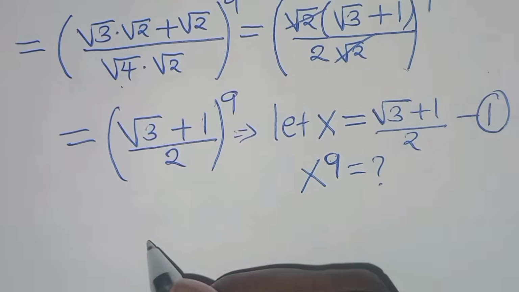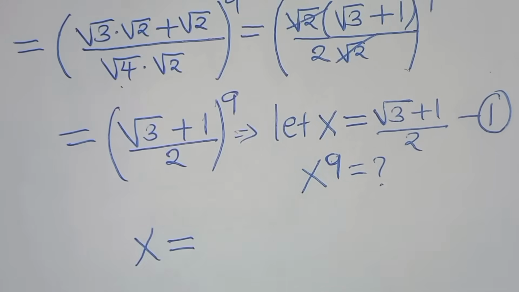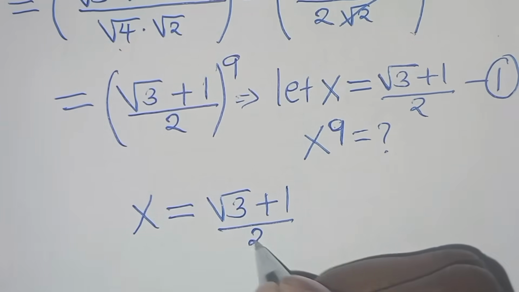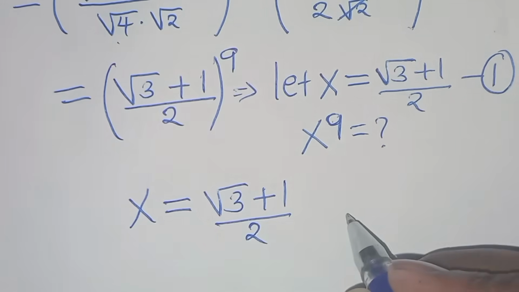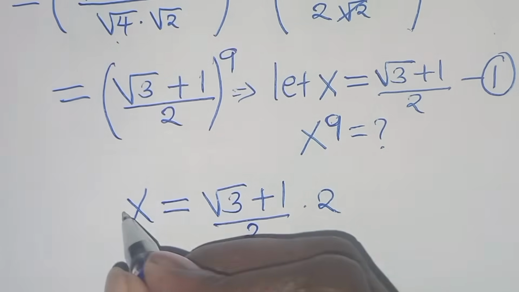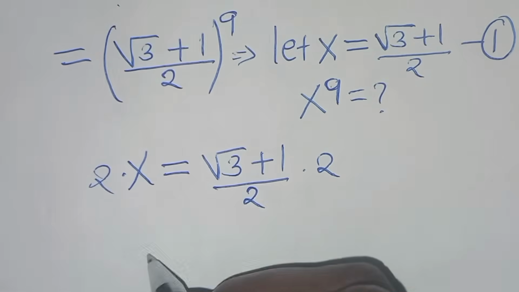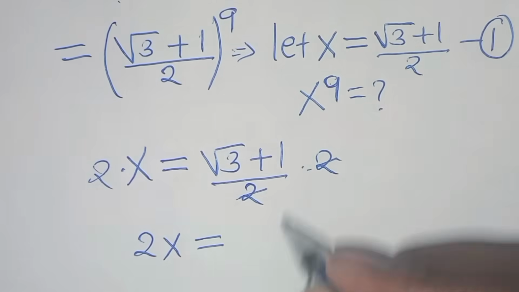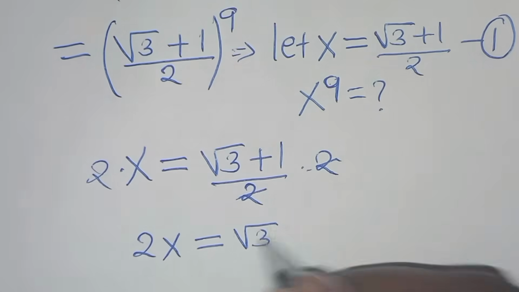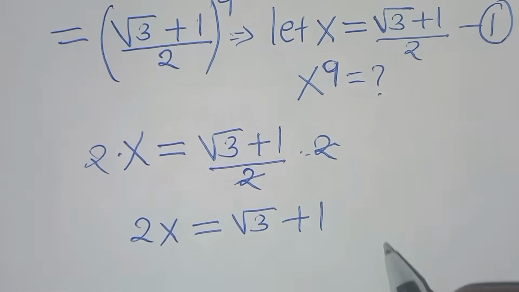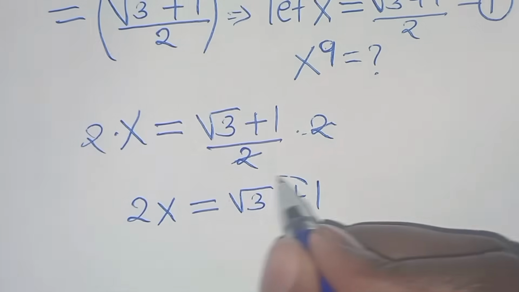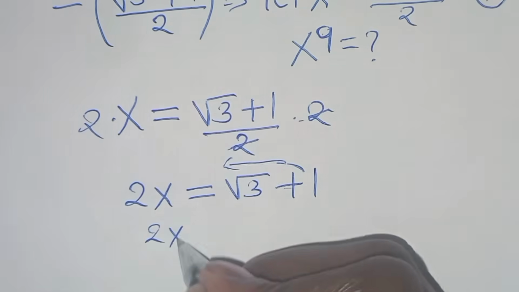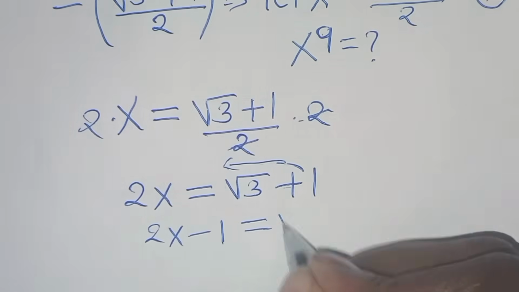From equation 1, which is x equal to (√3 + 1) / 2, we multiply both sides by 2, so that now here is 2x. This is equal to √3 + 1. Let's take plus 1 to the left hand side, so that now we have 2x − 1 equal to √3.